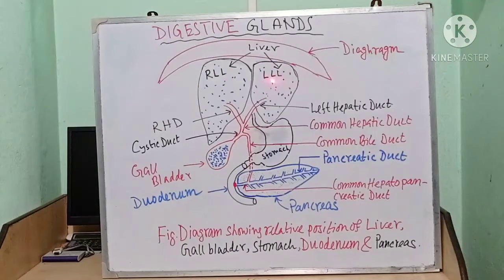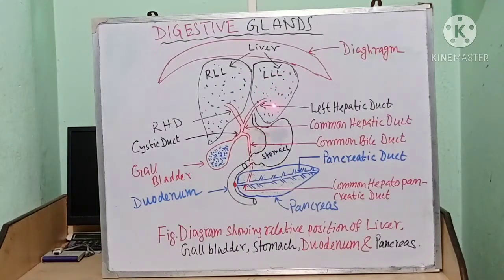The left lobe, this lobe, is smaller to provide space for the stomach. That means this is the position of the stomach. This is the stomach just below the left lobe of the liver.